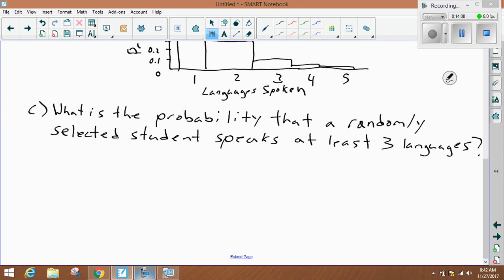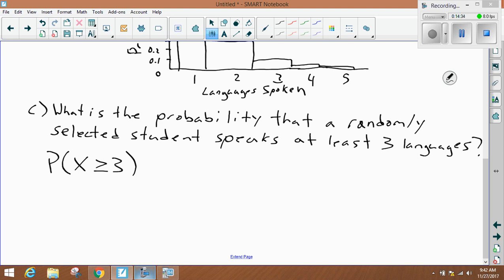What we're looking for is the probability that our random variable X is 3 or more, right?